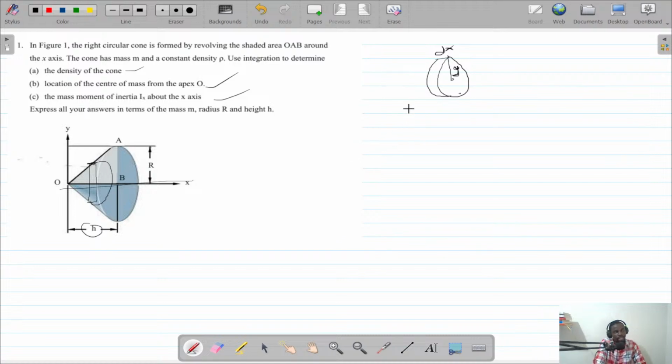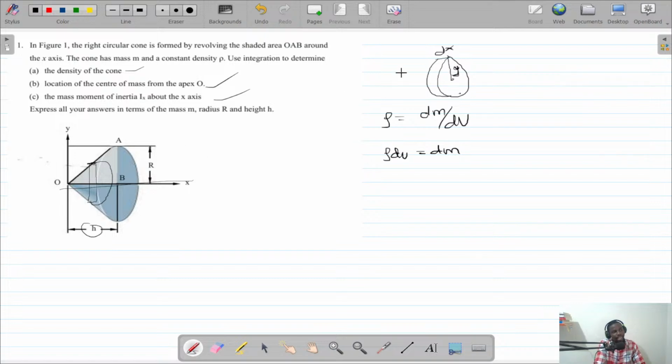Then for the density of this elemental mass, rho will be equal to dm over dv. From here we can say rho dv is equal to dm. Now, what is the elemental volume of this? It is cylindrical.